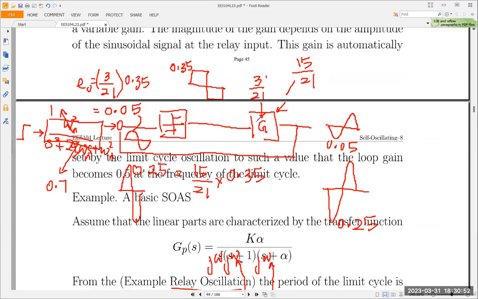That's it. Because you know how to draw the Nyquist curve, it is this times this.